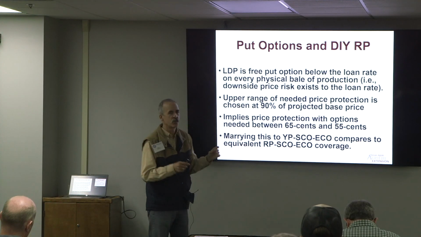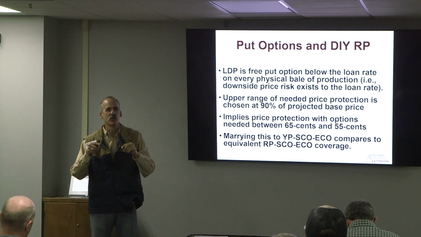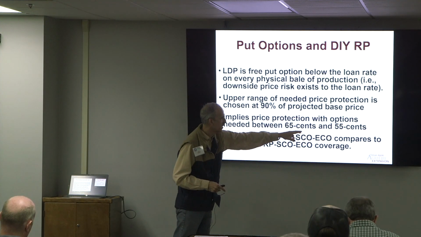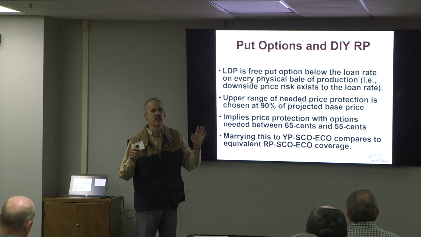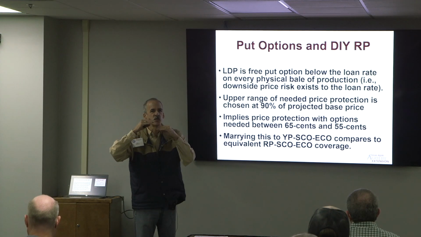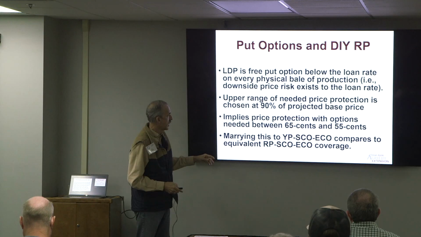So that gives us the range that we need to protect. The relevant range of exposure to downside price risk is really from there, 65 cents, to the loan rate. And options are a nice, easy way to hedge against the decline of a specified price range. So how could we do that?